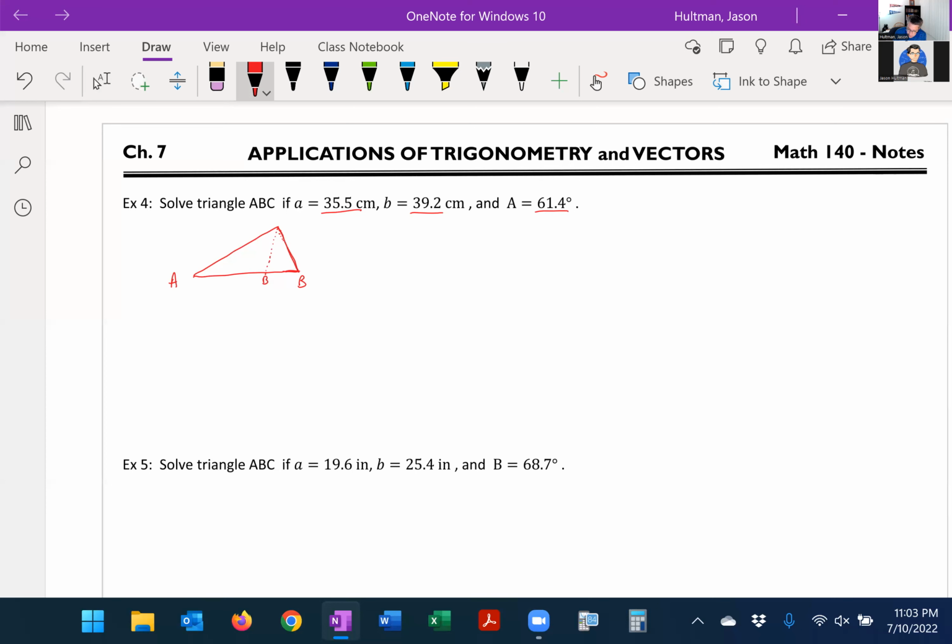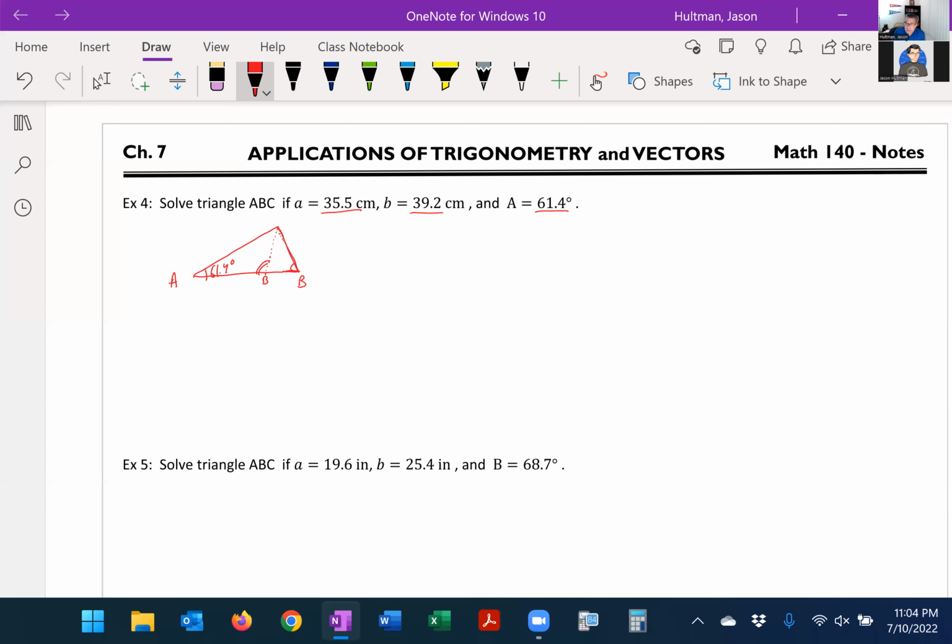We don't necessarily know what's going to happen, but angle A is 61.4 degrees, and angle B is what we're looking for. But again, there's going to be two possibilities for this one. There's going to be an acute angle B, and there's going to be an obtuse angle B, and we'll see in a minute why that is.